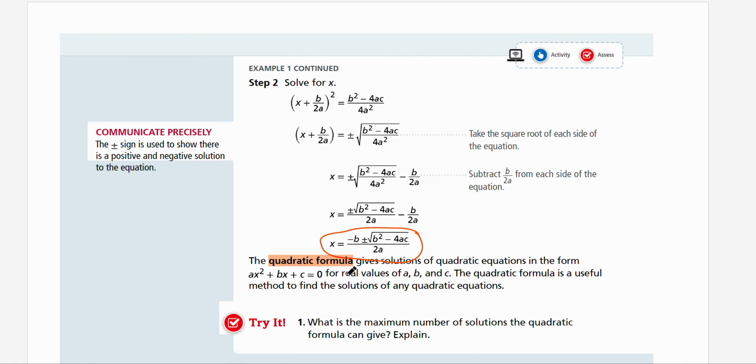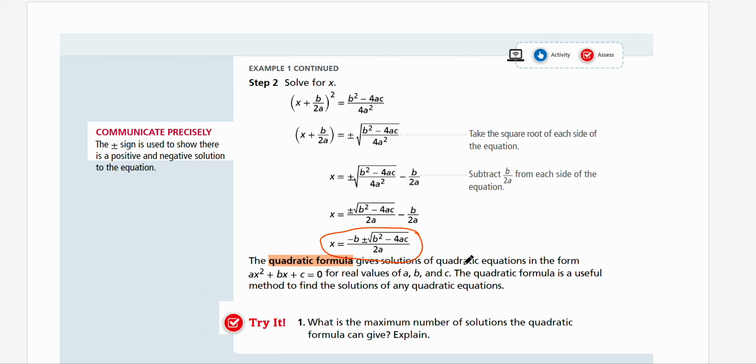So this is actually the last method that you want to use, because other methods may give you answers more easily. So if you can spot what type of quadratic equations would best fit each method, that would be great. Yeah, so all of that was to figure out where the quadratic formula comes from.